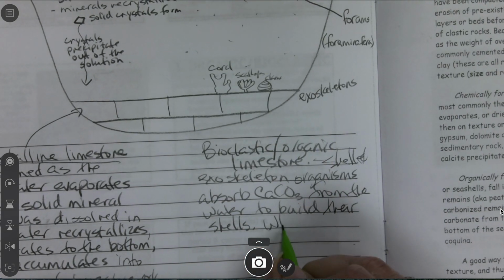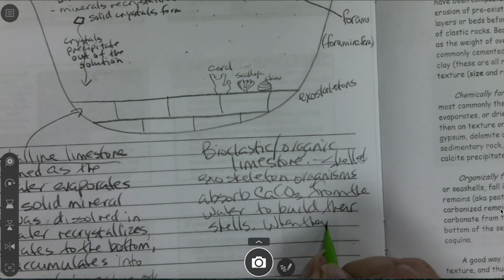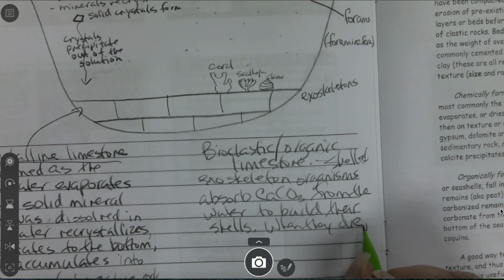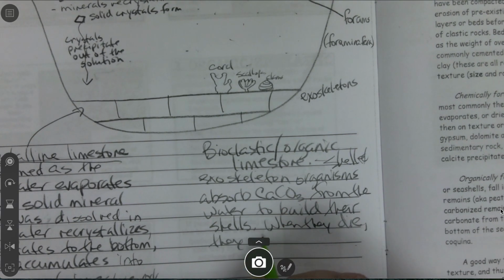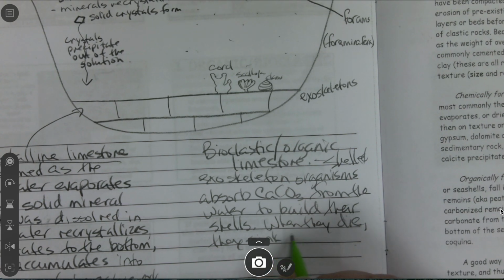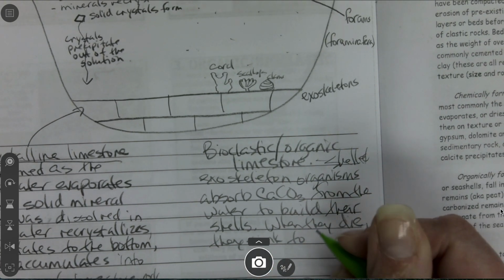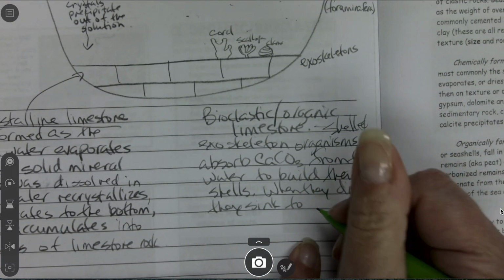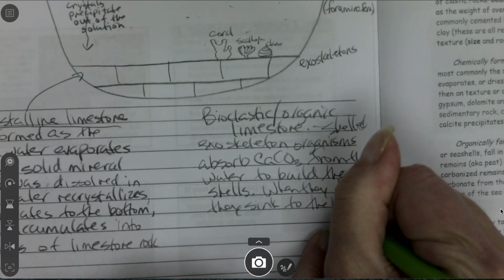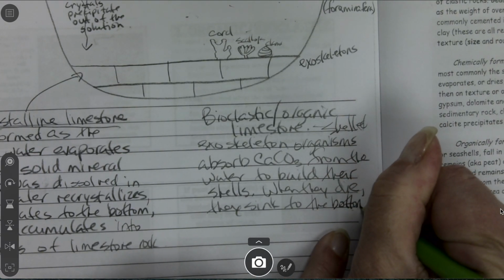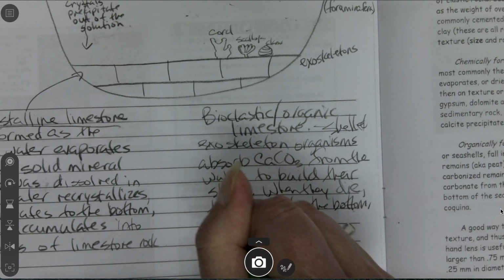When they die, they sink to the bottom, unless they're already there, right? The clams, the scallops, the coral, they're already on the bottom. They sink to the bottom, the seafloor, right? They get deposited.